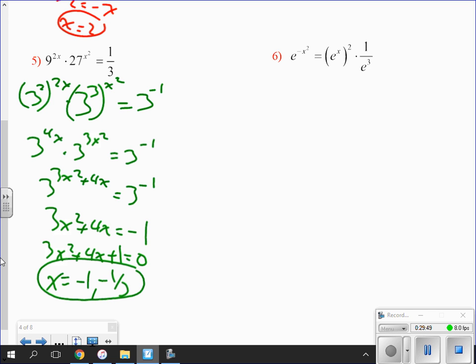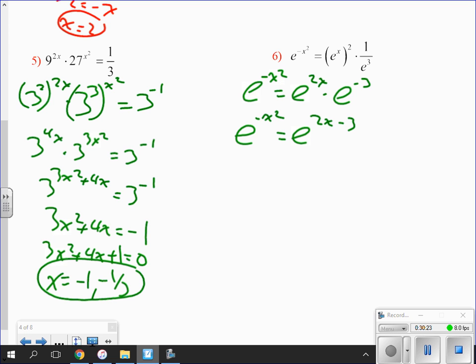So I have e to the negative x squared equals e to the 2x times e to the negative 3. e to the negative x squared equals e to the 2x minus 3. What do you do when you multiply with the same base? You add the exponents. Now I have e to some power and e to some power.